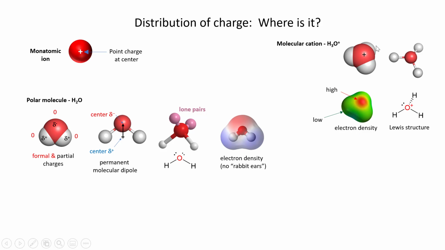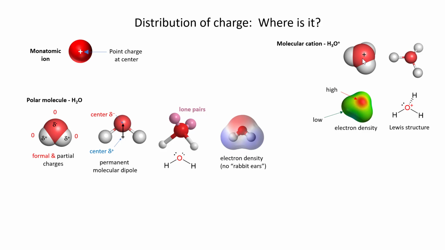Let's make water a little bit more complicated by adding an H plus to form the hydronium ion. It's shown here in 4 different ways. Now there is just 1 lone pair on the molecule, and there is a positive formal charge on the oxygen. This might sound a little funny because we know oxygen is very electronegative and draws electrons to itself in a polar covalent bond.